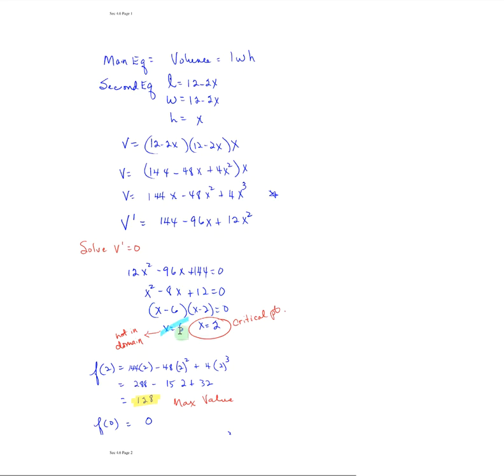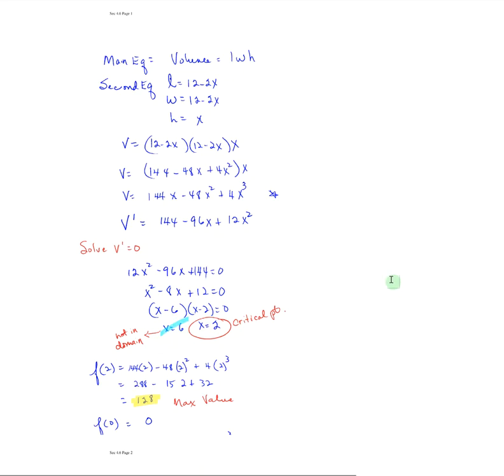This will factor. You have a minus 6 and a minus 2. That will give you a minus 8 there, and they multiply to give you 12. So you end up with x is 6 and x is 2. Remember, we had that domain restriction, so x equals 6 is discarded, and our x equals 2 is our critical point.